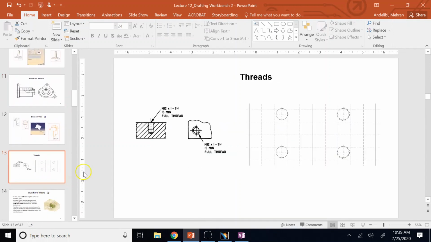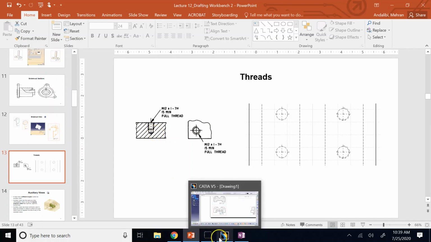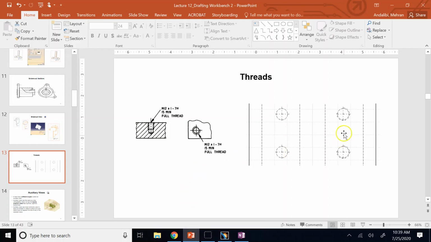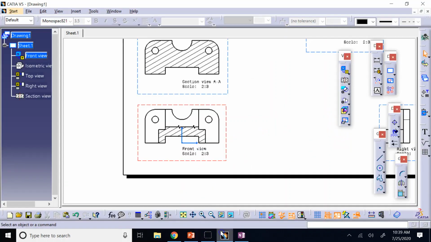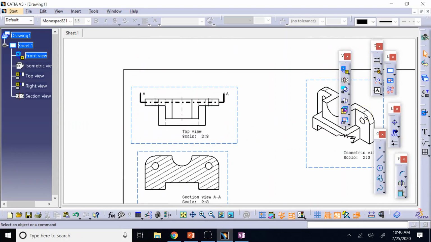So the other thing that might be of interest to you is threads. If you have a thread and you cut a place that there is thread in it, what would happen? Let me show you that as well. So we saw when we have threads, we will have 3/4 circles and stuff, but let me refresh your minds on that.